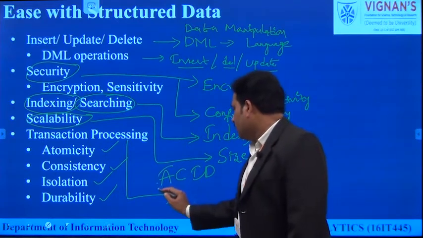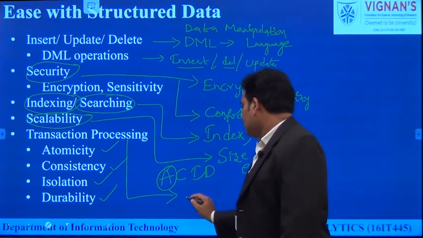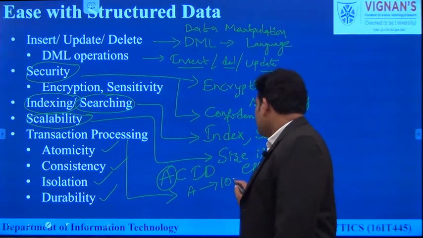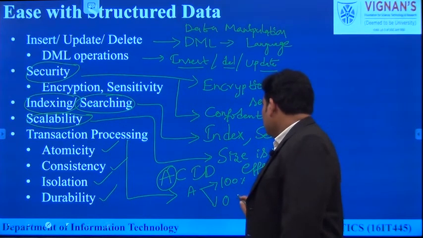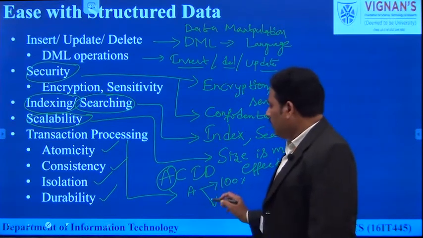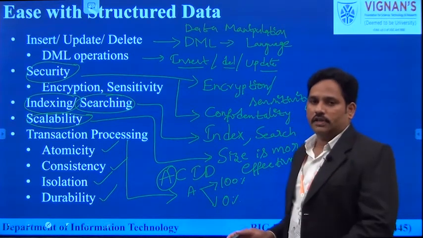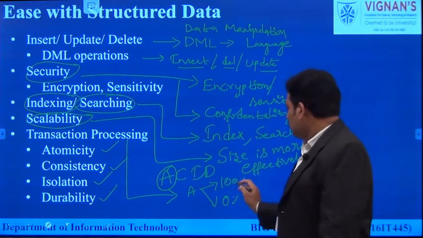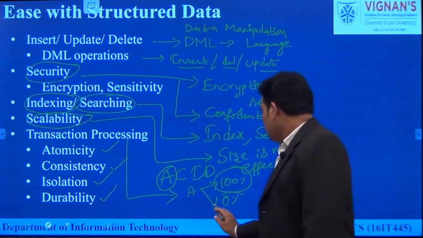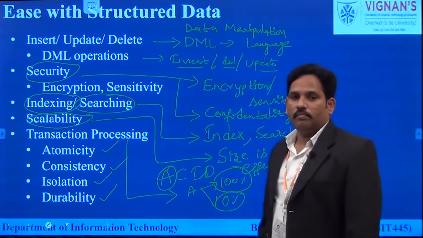Now we'll see what atomicity is here. Atomicity means if you want to commit the transaction, do it 100%. If you don't want to do it, 0%. That means there is no possibility of performing a portion of a transaction. If you are doing a transaction, do it completely and commit it. If you are not doing it, it will not be considered as part of it.